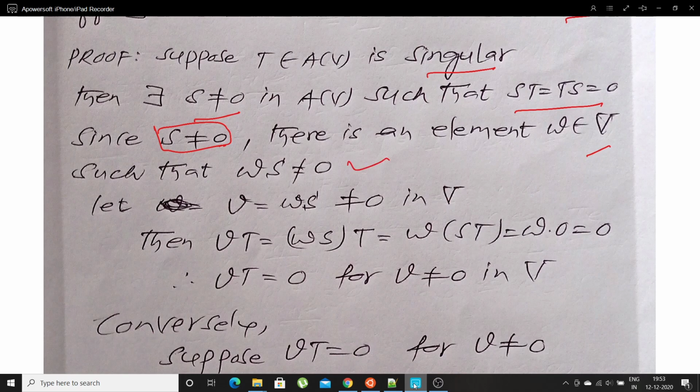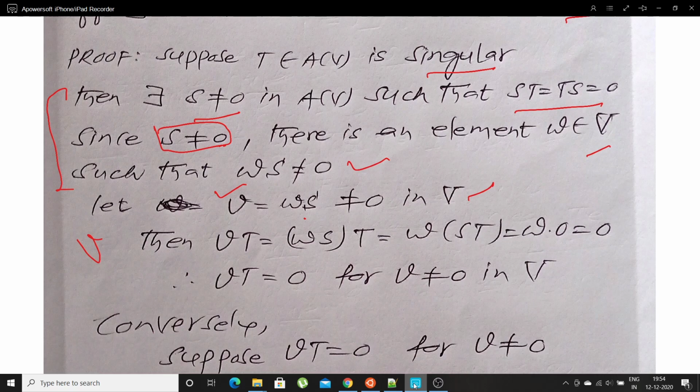Okay. Now, this is a standard result. Keeping this standard result in mind, let me continue. I replace a vector or an element v by wS, and since it is not equal to 0 in V, operating T both sides, vT equal to (wS)T.